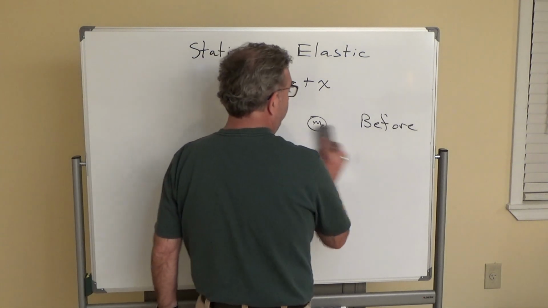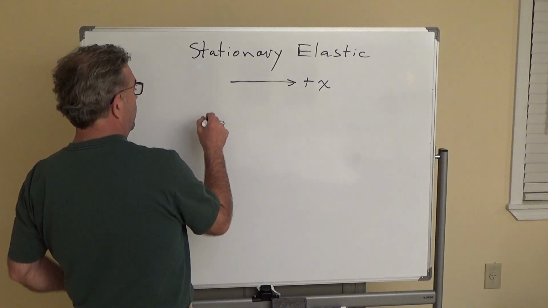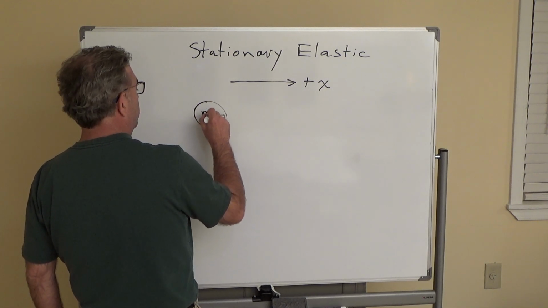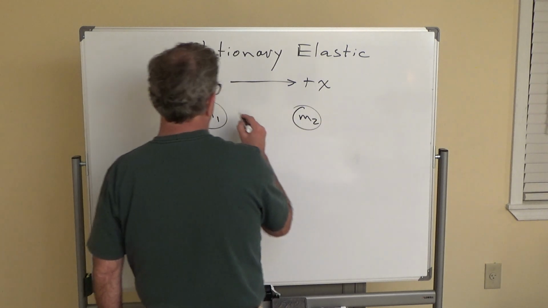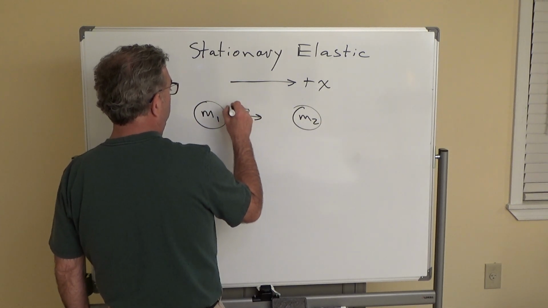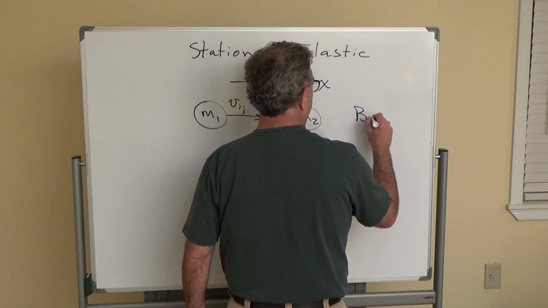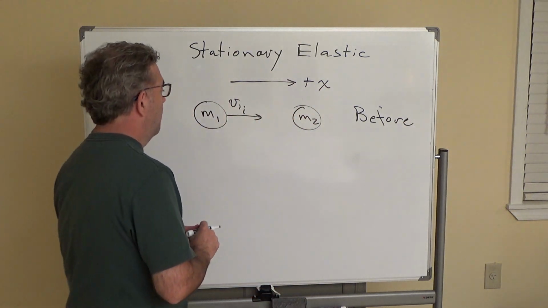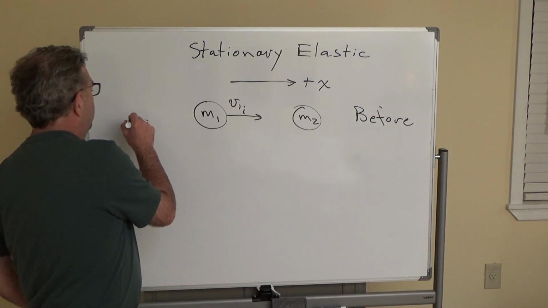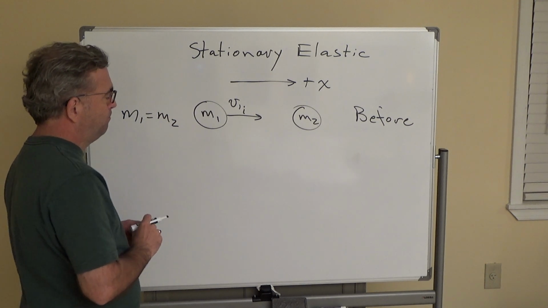What happens if M1 is equal to M2? So here's M1, here's M2, V1 initial, this is before the collision, okay? Well, let's put M1 is equal to M2 over here.